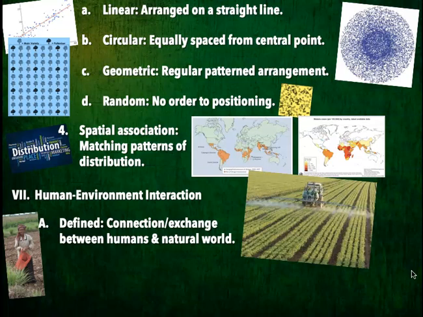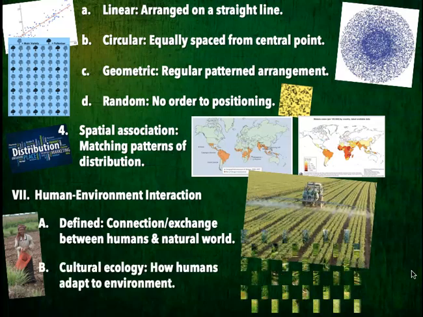A lot of times when we're talking about the human environment interaction, there's a more defined focus on things like sustainability, pollution, and environmental issues. So those are almost like subtopics of human environment interaction.